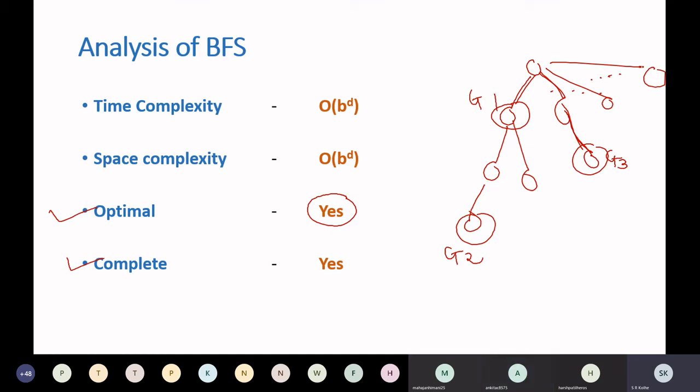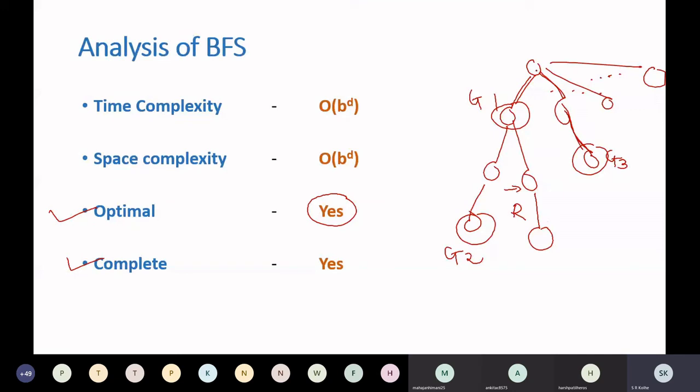Ankita, very good. The number of rules decides how many children will be there. For example, for this node, only one child is there. The search tree has decided that there is only one child, because there is only one rule which can be applied on this current state.